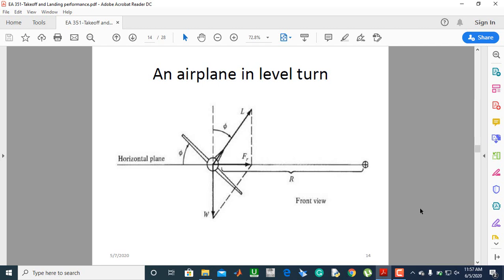And from this sketch, if the aircraft is to maintain steady flight, it means that the weight, which will be acting vertically downwards, must be balanced by the lift, and the lift in this case will be a component of the lift in the vertical direction, which will be L cosine of phi, the included angle.